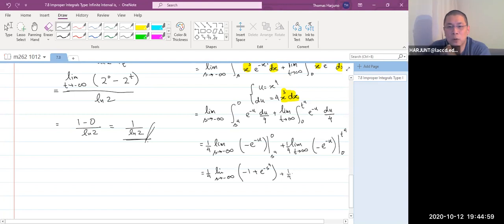Plus 1/4 limit t goes to infinity of negative e to the negative t to the fourth plus 1. But that equals 1/4 times negative 1, right? And then plus 1/4 times 1. That equals 0.